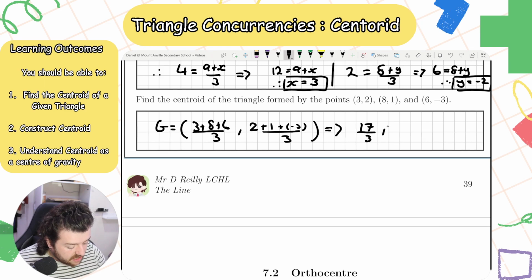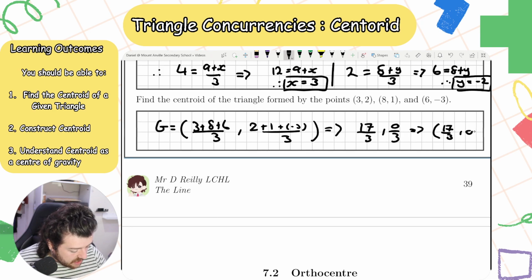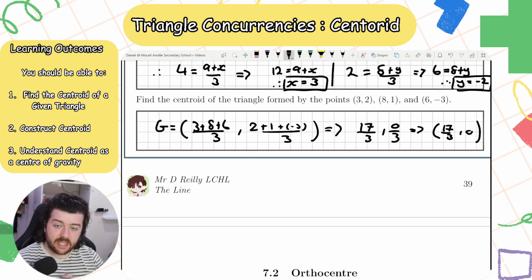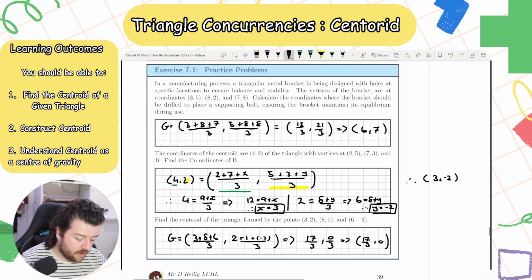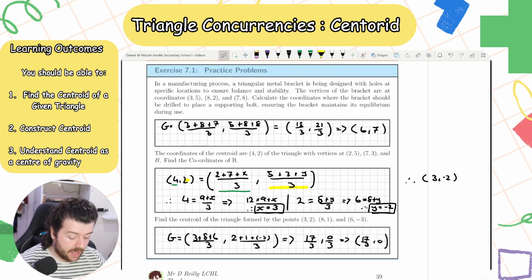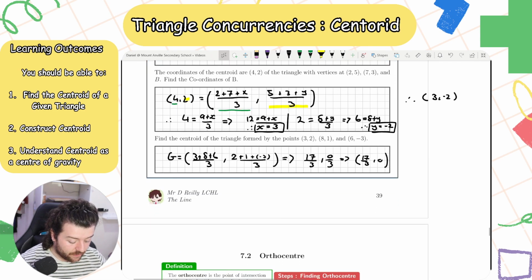And then this is going to be 0 over 3. So my centroid is (17 over 3, 0). That is my centroid of that triangle, or my balancing point or center of gravity.